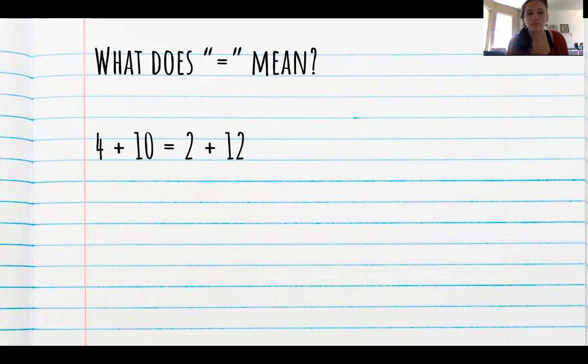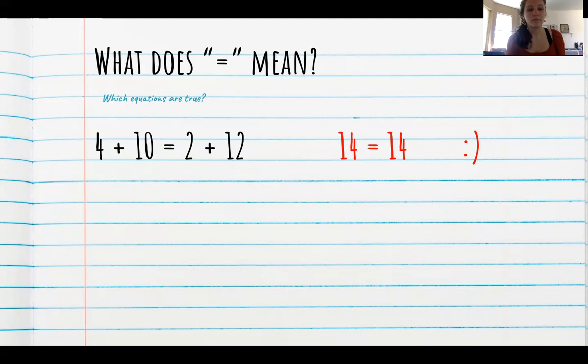Let's take a look. 4 plus 10 is 14. 2 plus 12 is 14. So I have that 14 equals 14, which last I checked, 14 is actually the same as 14, right? So I'm going to give myself a little smiley face and say, yes, those are the same. Congratulations, we just did something.